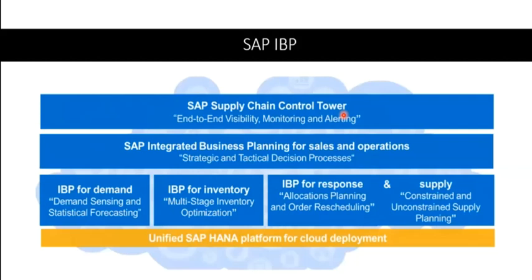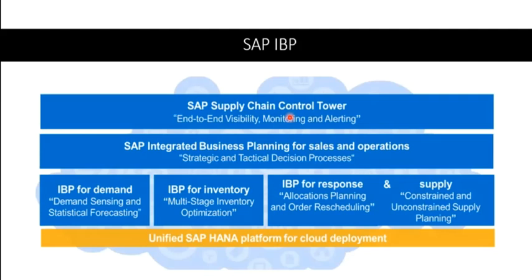What it will do is use the planning happening in demand, inventory, supply and response, and project it in different dashboards, charts and alerts, right? Any case management we can do, exception handling we can do. So it will give end-to-end visibility, monitoring and alerting features to different team members, right?